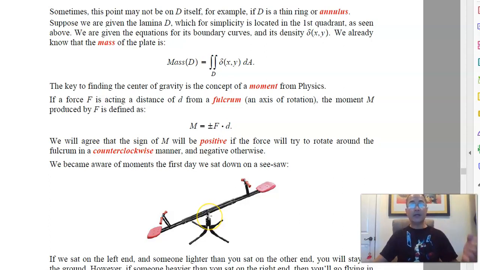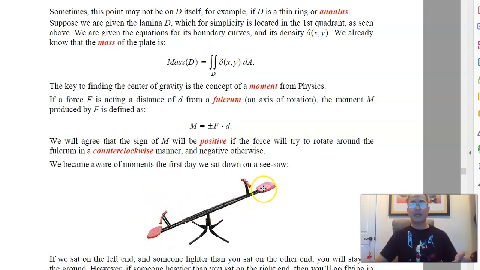Okay, so if you have a seesaw, a teeter-totter, the midpoint of that seesaw is the fulcrum of this system. Okay, so you know that if you sit on one end and there's nobody on the other side, of course it's going to tip. Okay, and you will be on the ground. And, you know, you need your big brother or sister to be on the other side so that you would go up, you would rise up.